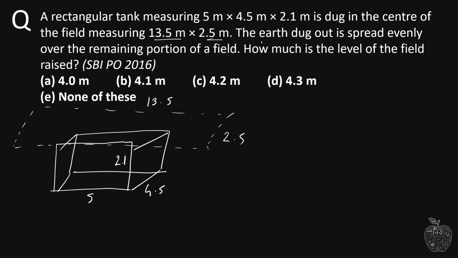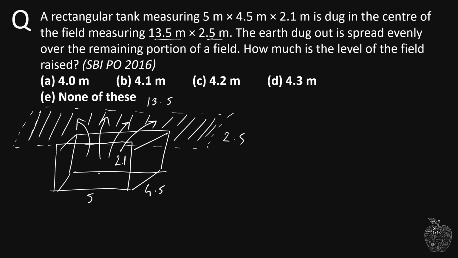Now what is done here is that the earth is dug out and is spread out evenly over the remaining portion of the field. While digging this tank, the sand is dug out like this, and this sand is evenly spread on the remaining portion of the field.